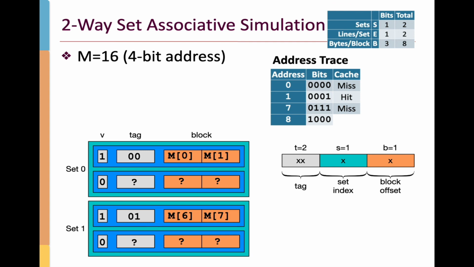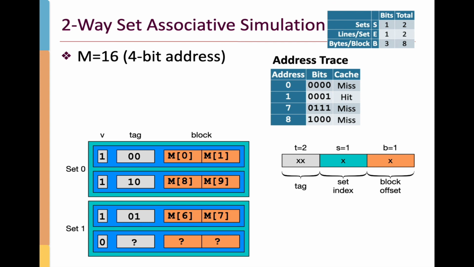And we're going to look in here and see, well, we've got a tag of 0, which does not match the tag bits from this address, and the other entry is invalid, so we're going to conclude that this is a miss. We're going to then go fetch address 8 from below, and what we're going to do is choose to use the unused line of set 0 to store that value. So we get addresses 8 and 9, and we're going to set the tag bit to correspond to the tag bits of the address and mark the set as valid.